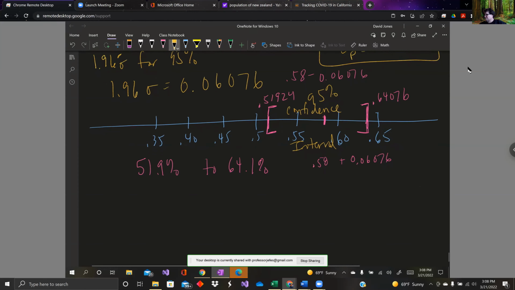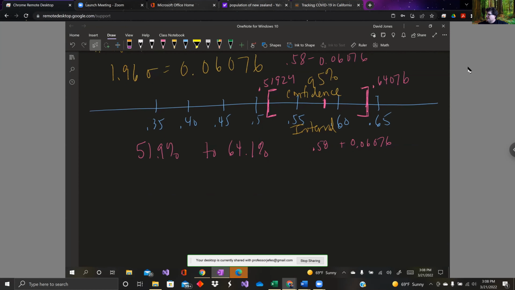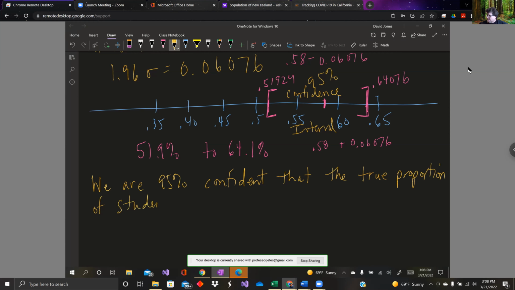How do we make statements about it? We want to say something where it looks pretty. So let's make it look pretty. We are 95% confident that the true proportion of students who use Snapchat is between, I could say it two ways.